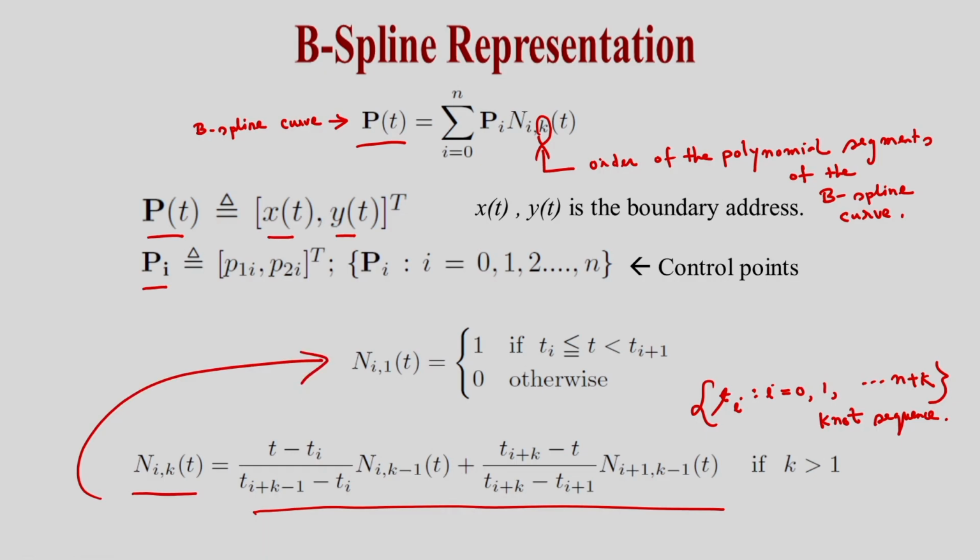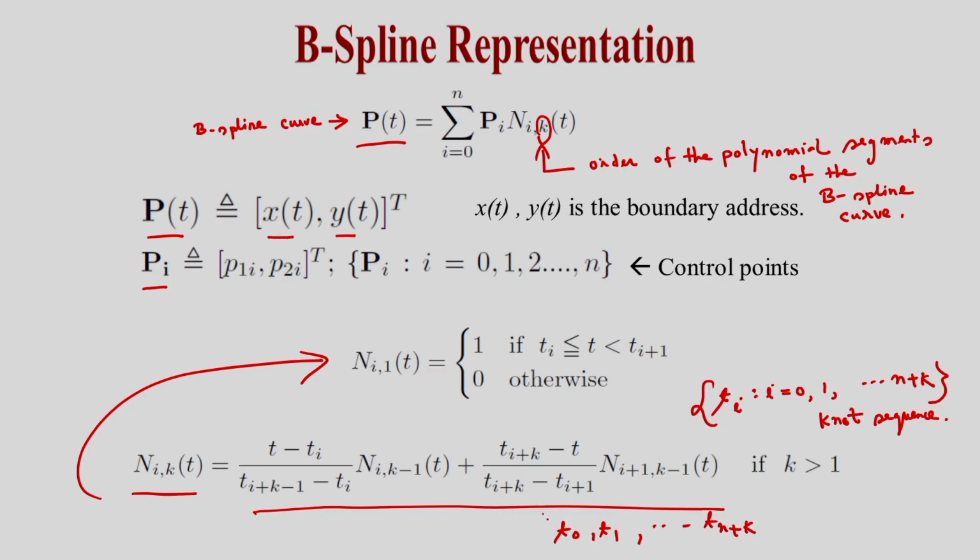And if the knot sequence of a B-spline is uniform, then it is quite easy to calculate these B-spline functions. So suppose I consider the knots T0, T1 up to T n plus k.